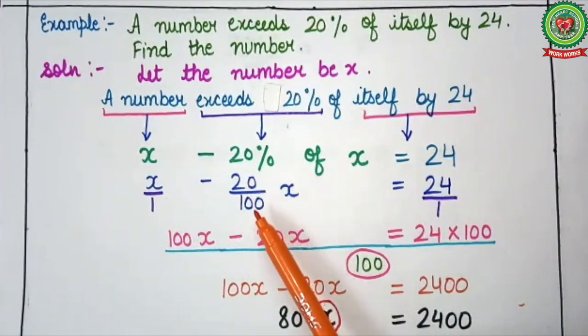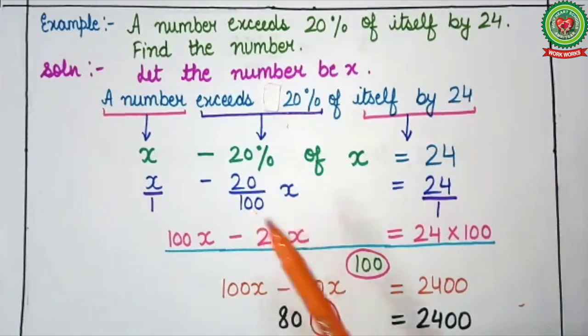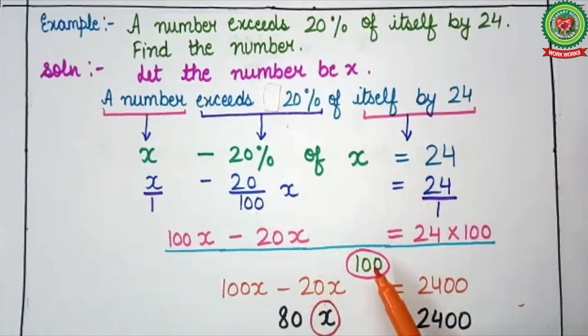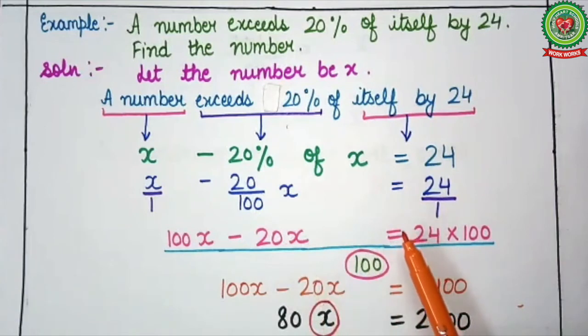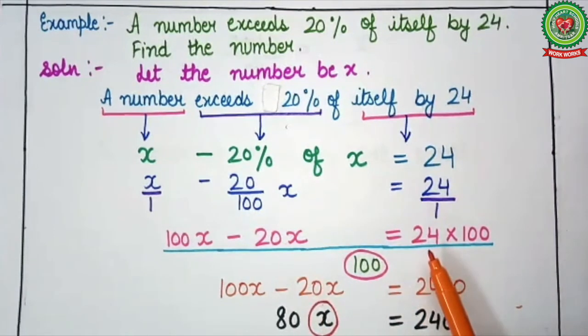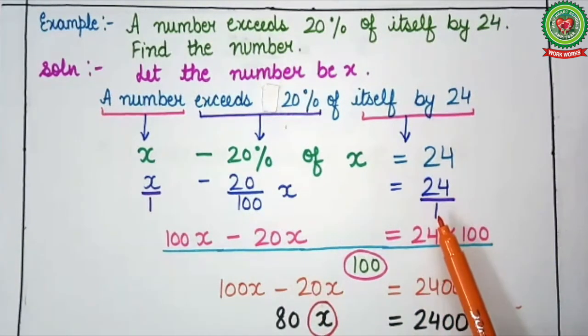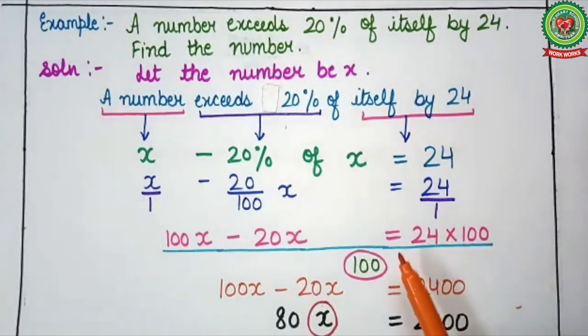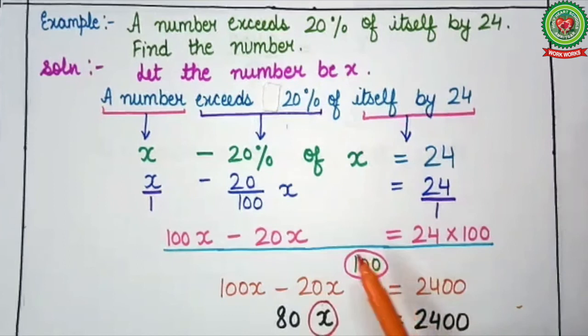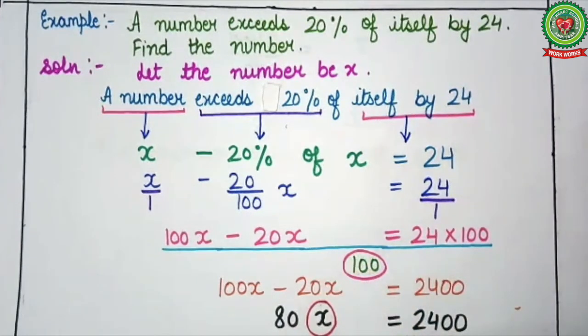We know here 100, and in the table of 100, 100 comes on 1. So it will remain the same. And equals to 24. We know here 1 is there. So we will multiply it by 100. Now because the equals to sign is there, we will drop the LCM.